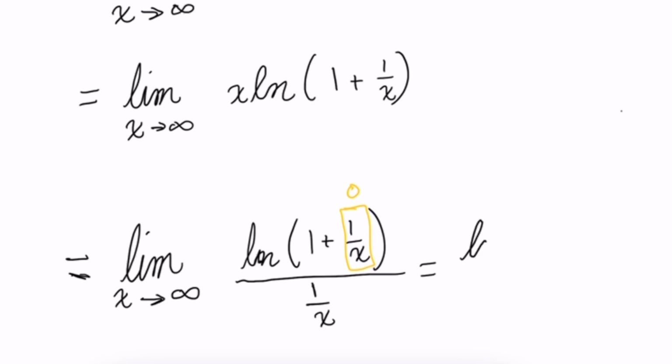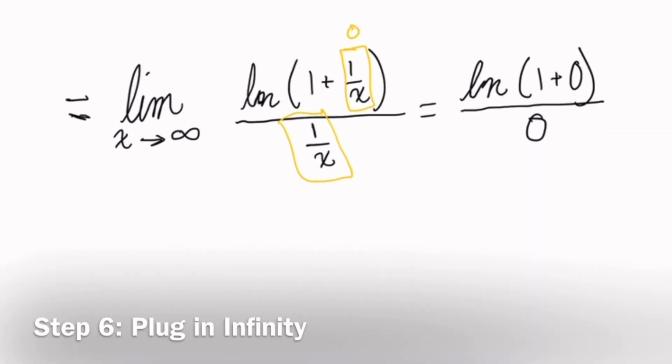So you're going to have natural log of 1 plus 0. You can also do the same thing, this approaches 0 too. So 0, right? That's equal to natural log of 1 plus 0, which is equal to natural log of 1. Know the natural log function graph.